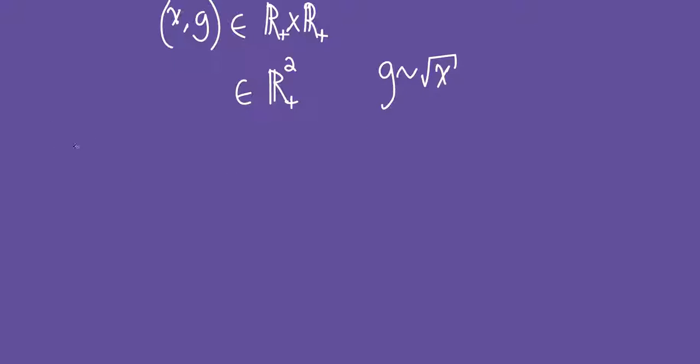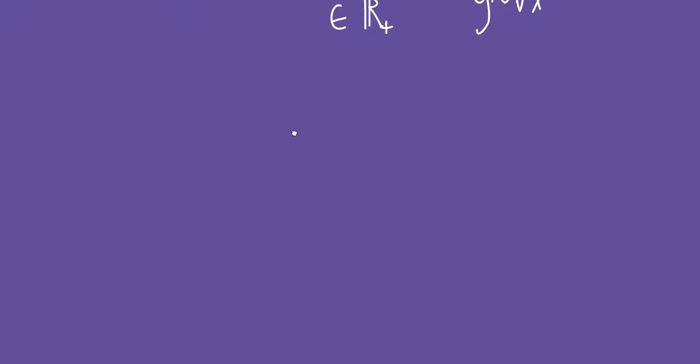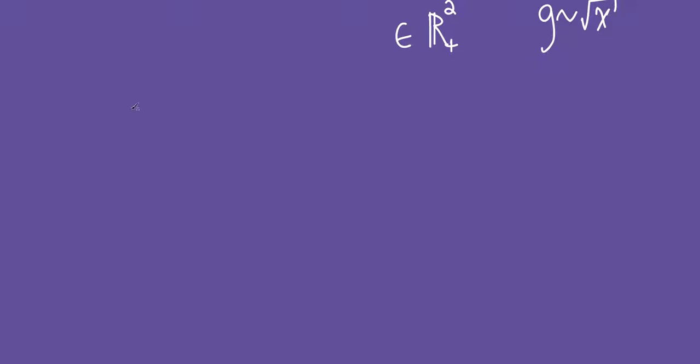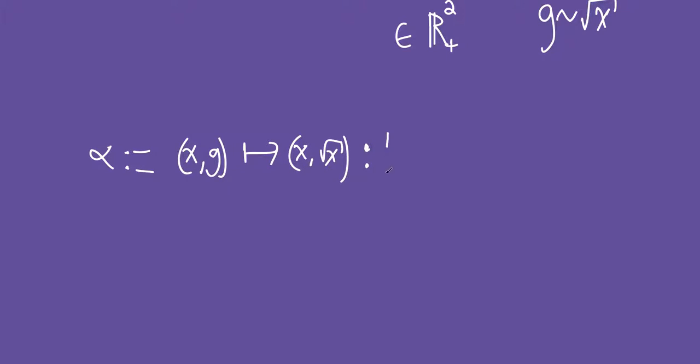So with that said, we're going to rewrite our function alpha. Alpha is defined as (x, g) mapping to (x, square root of x). It's a function that really goes from positive R2 to positive R2.